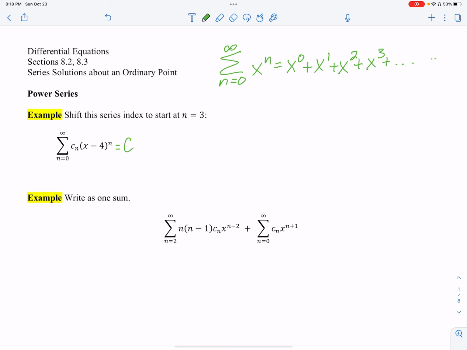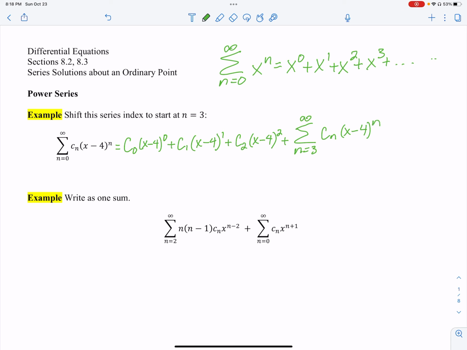Okay, so I got c_0. I'm going to plug in 0 first: (x minus 4) to the 0, plus, now I do c_1 and I get (x minus 4) to the first, and then plus c_2 (x minus 4) to the second. And then I'm not going to do any more because this is now where they asked me to put it, n equals 3 to infinity of c_n (x minus 4) to the nth power.